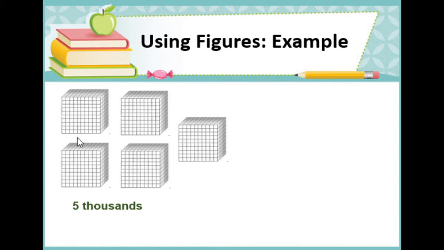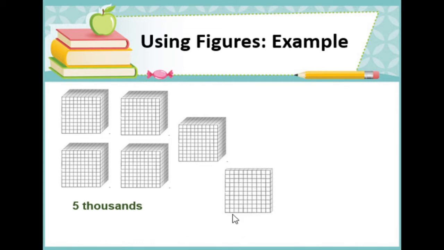And since one big cube is equal to 1,000, you have to count it this way. 1, 2, 3, 4, 5. So there are 5,000s, right? Because one big cube is equal to 1,000. And since there are 5, you have 5,000s. Clear? Okay, next.